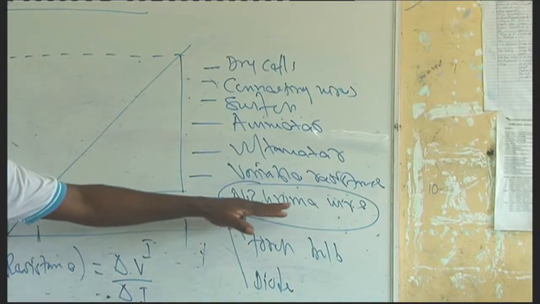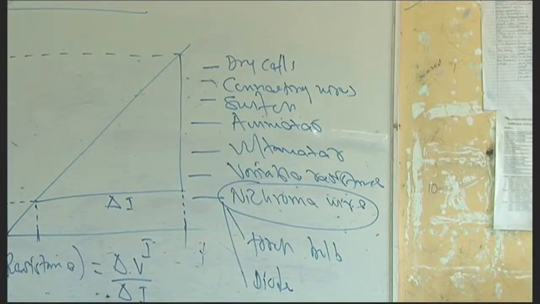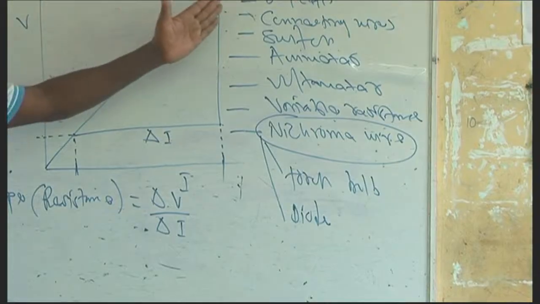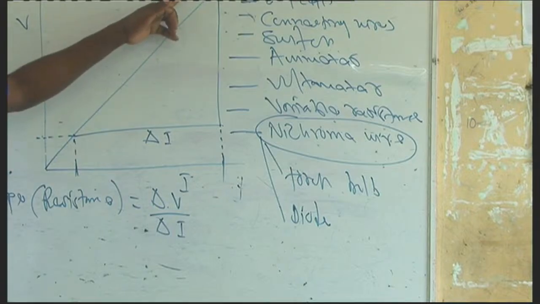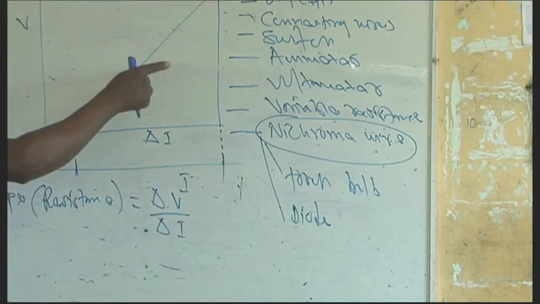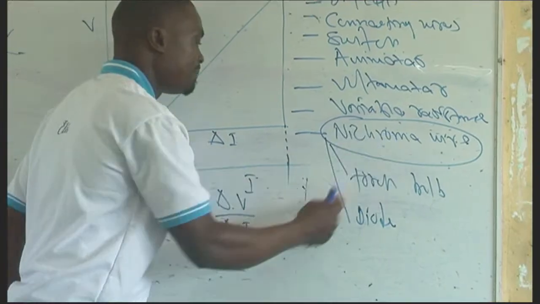So we can always be changing this, and whenever we change this, we will be getting a different graph. If you carry out this experiment, in some cases the graph may fail to be a straight line to the origin. It will now be a curve. It can be a curve or it can be a straight line, depending on what we use instead of nichrome wire.